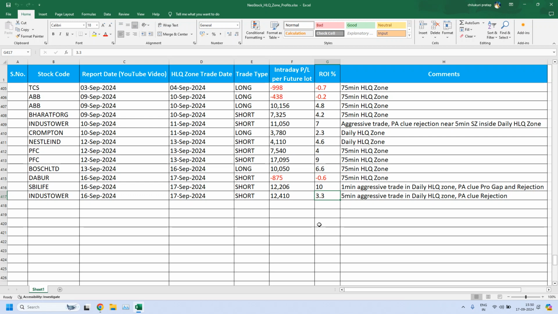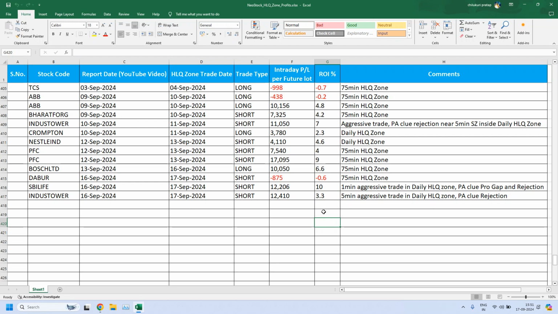The reason is the cost of one futures lot. Here the cost of one futures lot is around 1.5 lakh, and here the cost of a futures lot is around 3.5 lakhs. So that made the difference. Due to the futures margin cost, your ROI is reduced, because your investment is more.